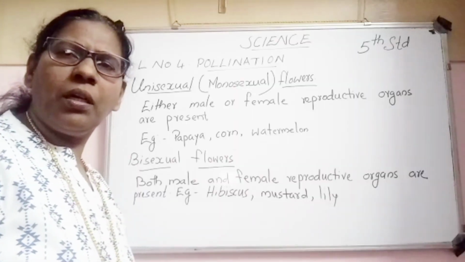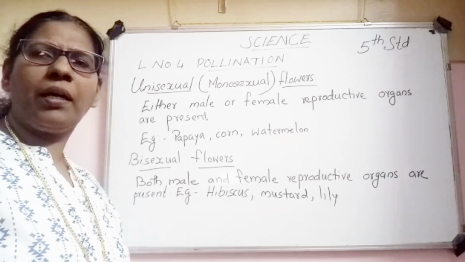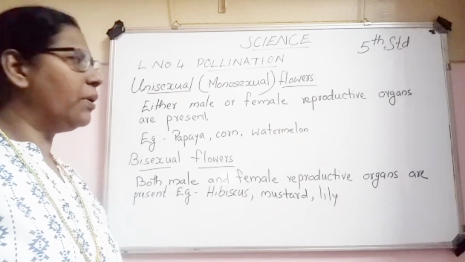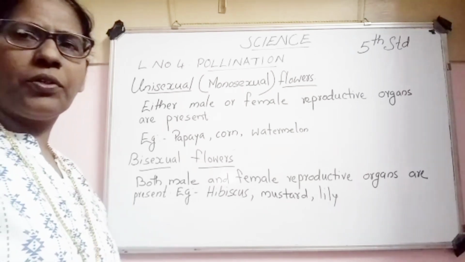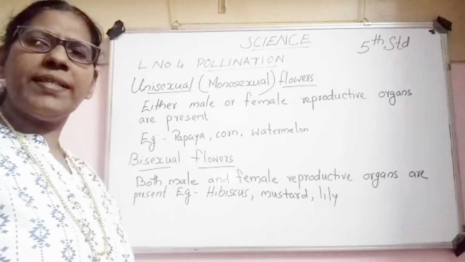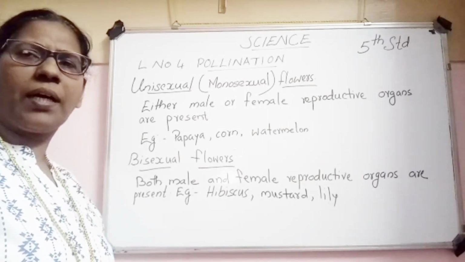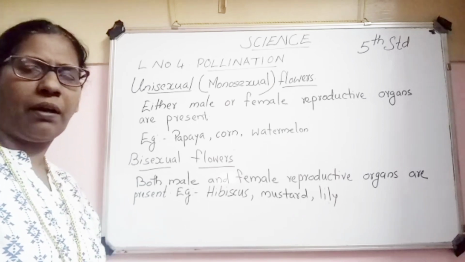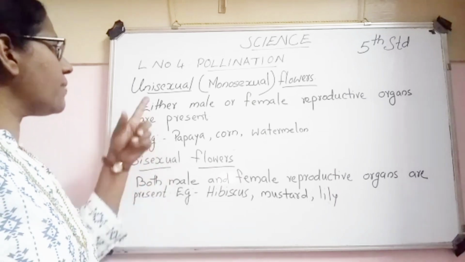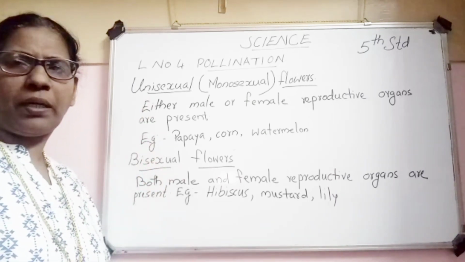Depending on the presence of female and male reproductive parts in the flower, flowers are of 2 types. Number 1, unisexual flowers, otherwise incomplete flowers. The word unisexual itself says that only one reproductive part is present.